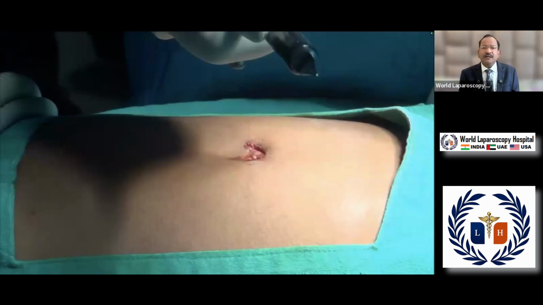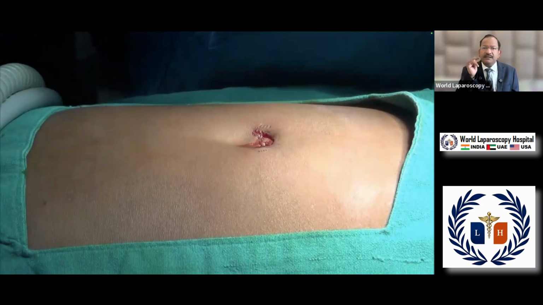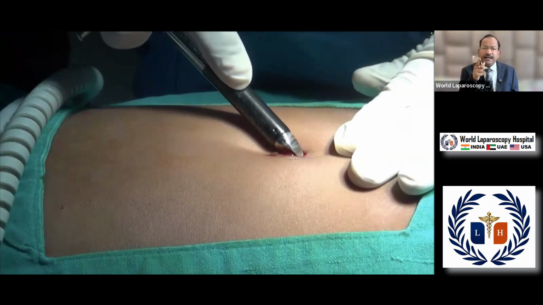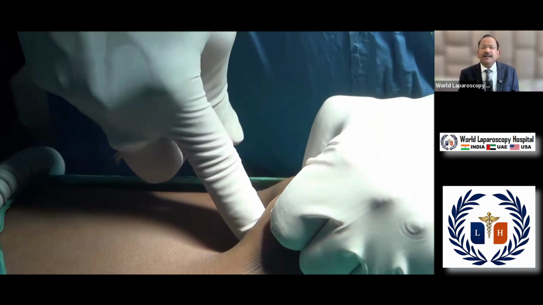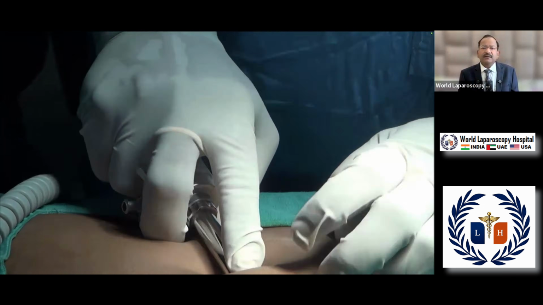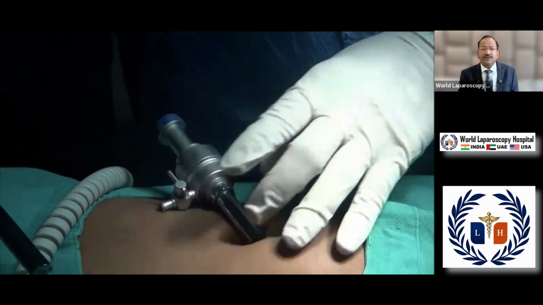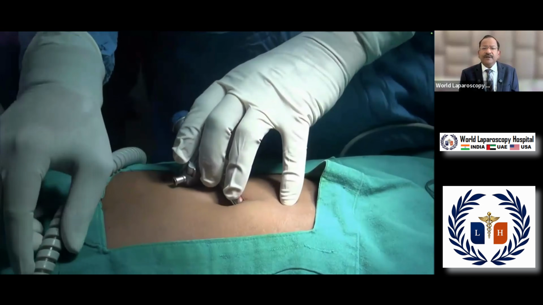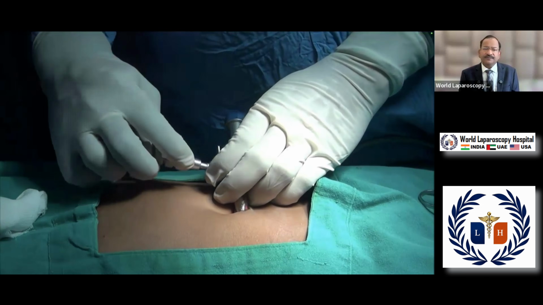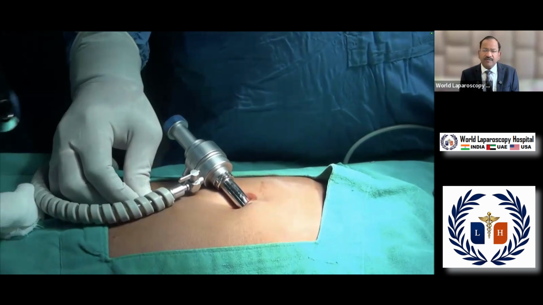Then you hold the trocar, and the head of the trocar should rest over the thenar eminence. The middle finger should be around the air inlet, and the index finger should be pointed toward the sharp end, and by a screwing movement you are in. Then a hissing sound comes. Take the trocar out, connect the tubing of the insufflator, and then introduce the telescope. This is how you will do it, even in pediatric, the same way.